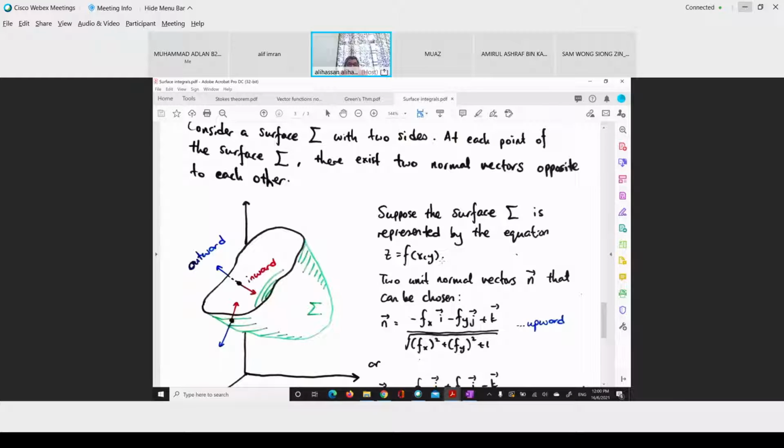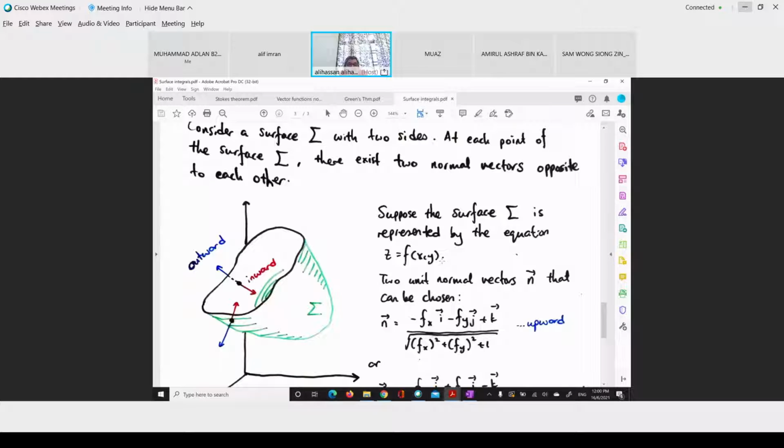Now we consider the second case, case 2. Case 2 is not as simple as case 1 anymore.